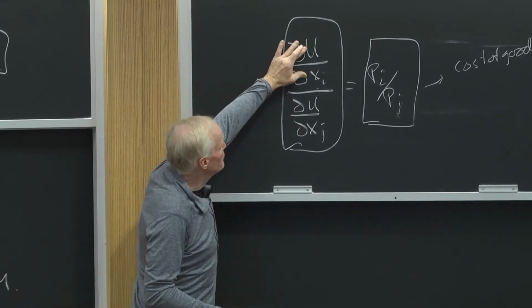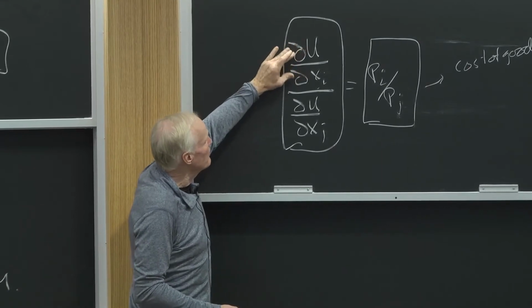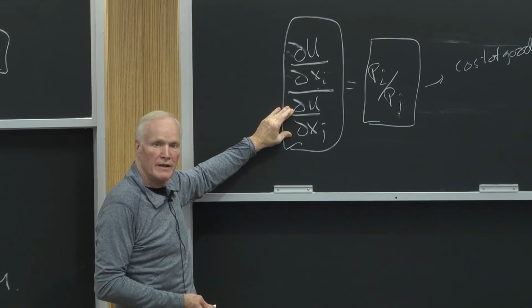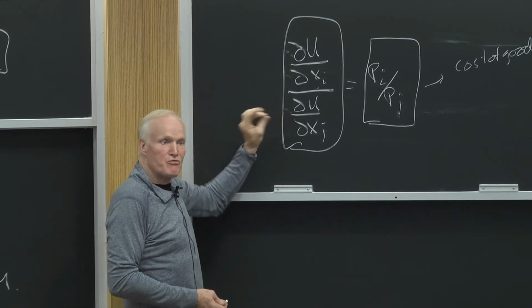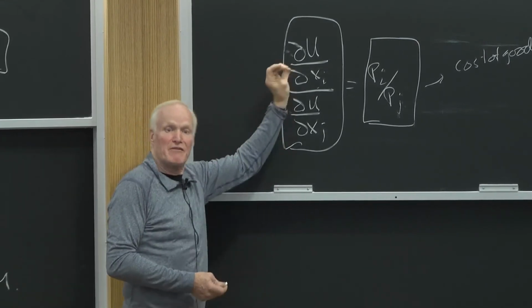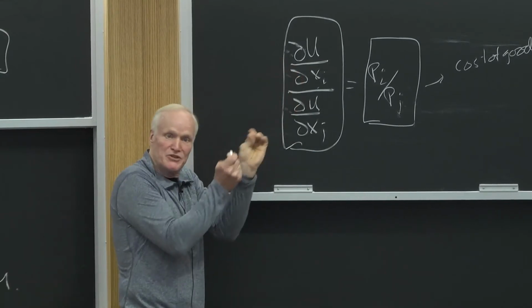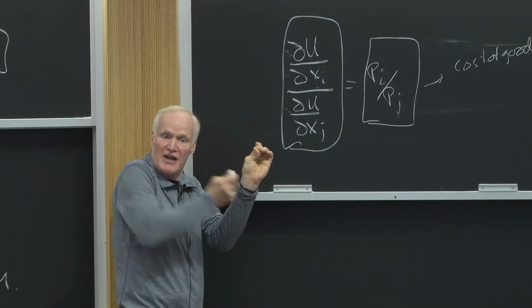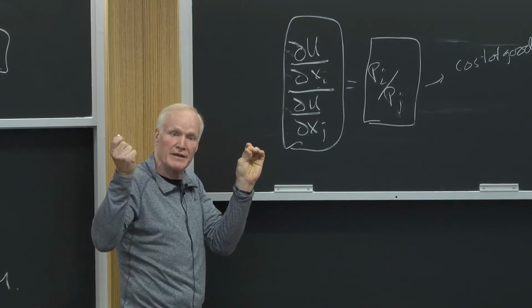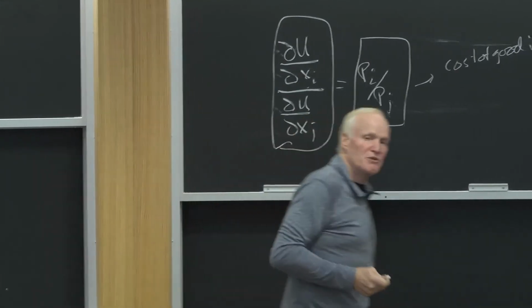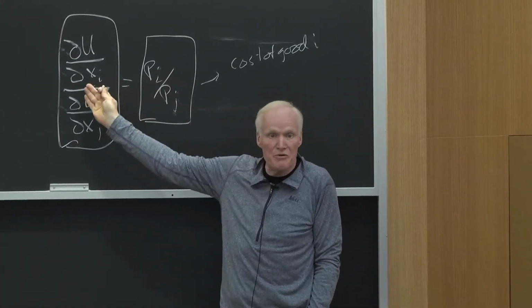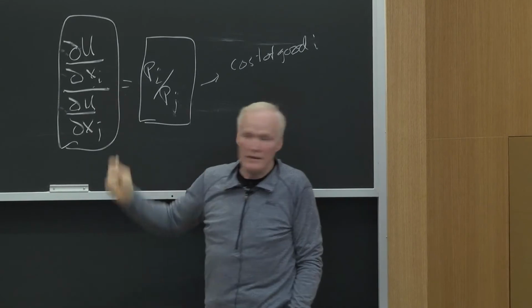Think about it. Say the marginal utility of good I is 3, and the marginal utility of good J is 1. Then if I gave you 3 units of good J for every unit of good I you gave up, you'd be just as well off, because you'd be losing just as much from getting less I as you'd be gaining from getting more J. So people call this the marginal rate of substitution, but really, in economic terms, it's the value of good I in terms of J. Okay?